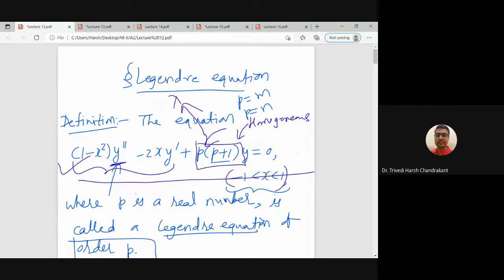So that is exactly, this equation is an example of a Sturm-Liouville problem, and the corresponding non-zero function y for different natural numbers p, we are getting different solutions which are the Legendre polynomials. So the Legendre polynomial Pn is the eigenfunction corresponding to an eigenvalue n(n+1).